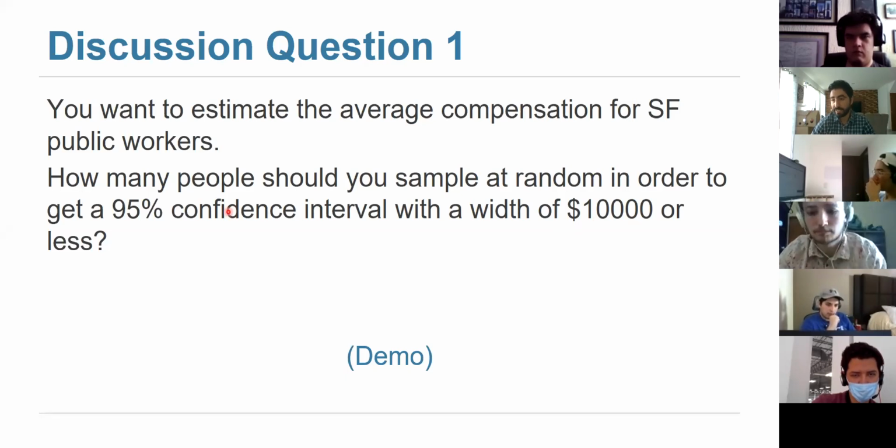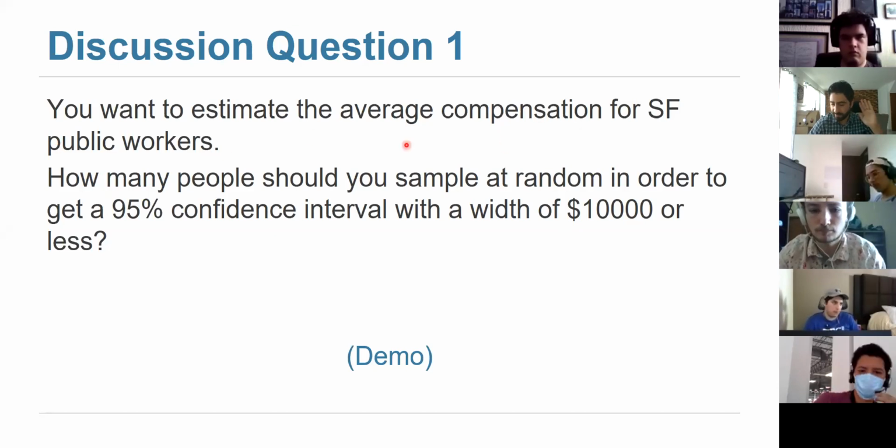Because, for example, I can say I'm more than 95% sure that most of the public workers in San Francisco are getting somewhere between $10 and $1 million per year. Of course, I can be 99% sure that is true, but that doesn't tell us anything, right? That doesn't give us any useful information.